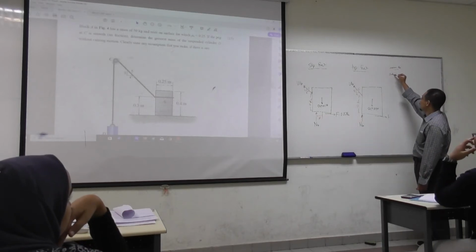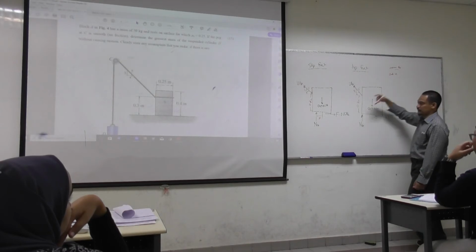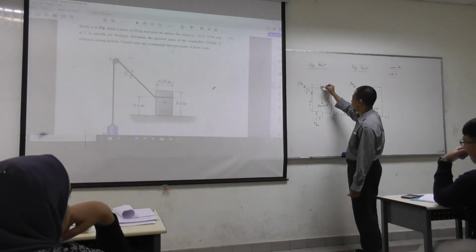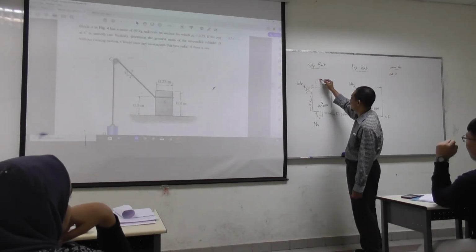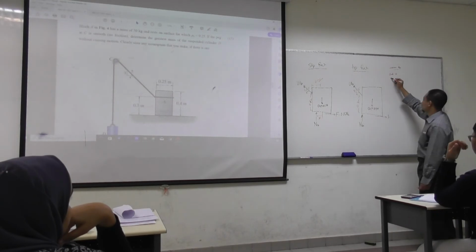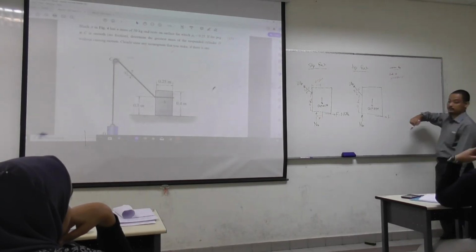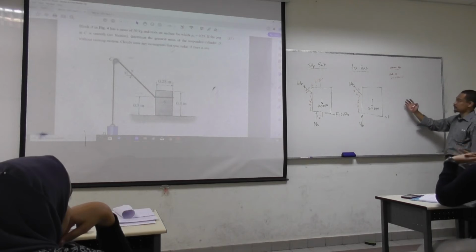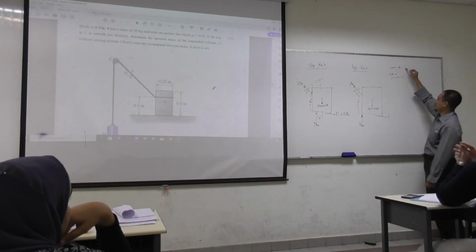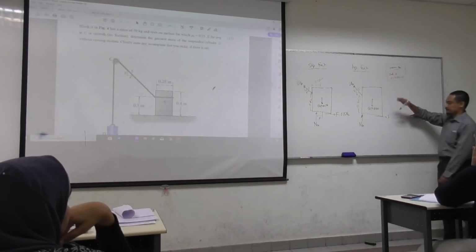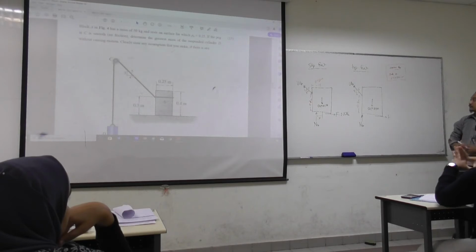Check x. In this case, this one is 0.125 meter. So if x is less than 0.125 meter, then that is correct. If it's more, then your assumption is wrong, right? So this is one way to go about it.